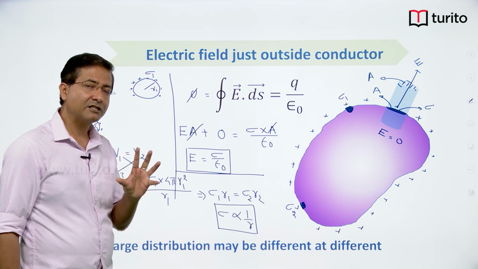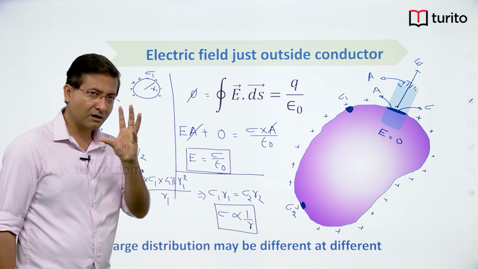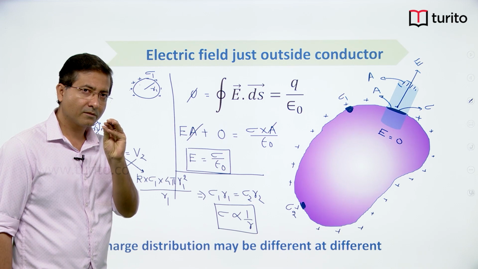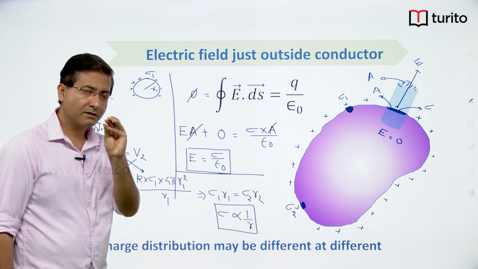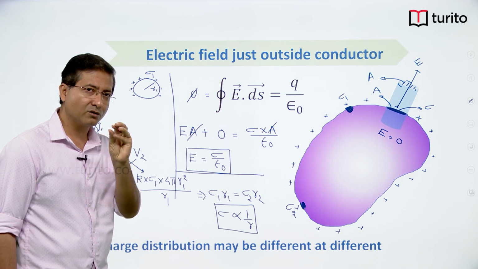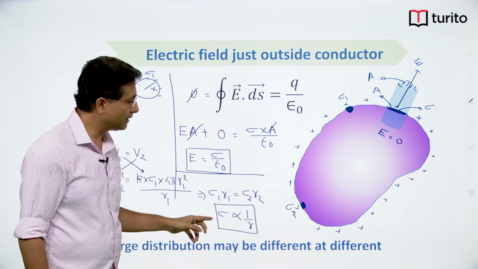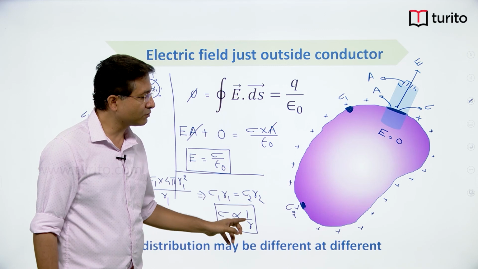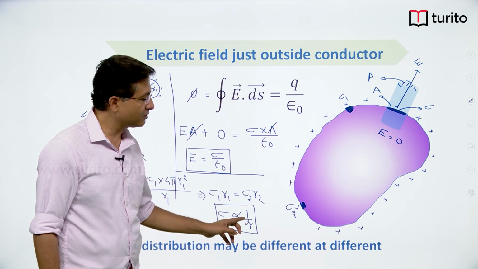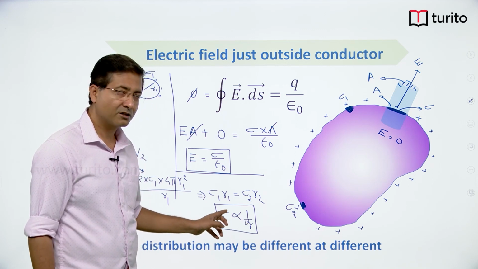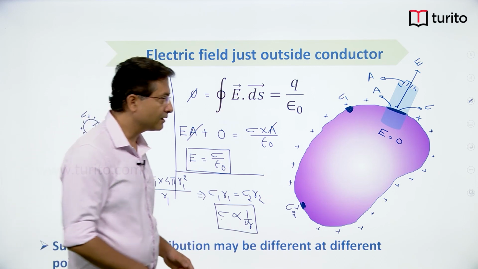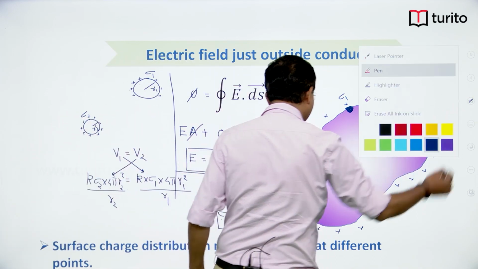If radius of curvature is 0, consider a very small surface where radius is almost tending to 0, a very sharp surface, then if I substitute radius 0, I will be getting sigma infinity. What does that mean? Let us see that.